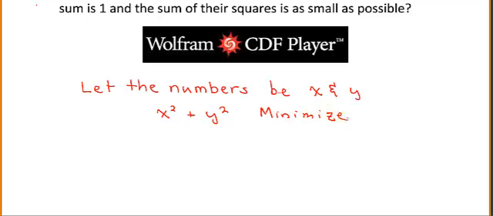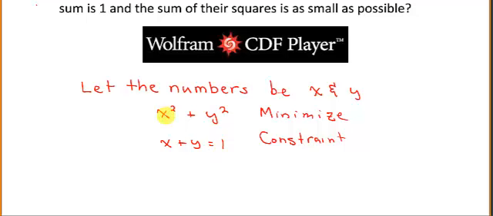Now, usually along with this, there's going to be another idea, which I'll call a restriction or a constraint, as it's sometimes called. The constraint in this case is that these numbers have to add up to 1.